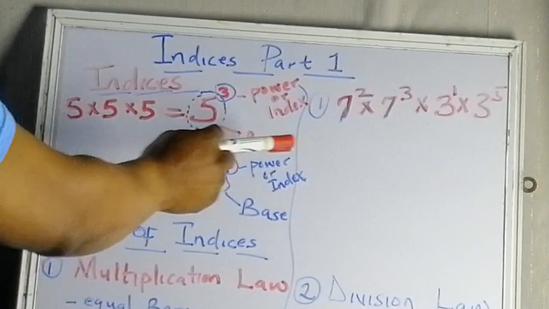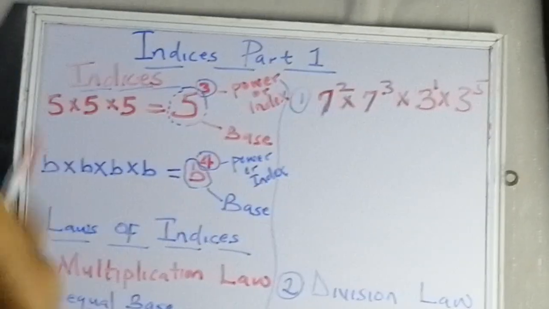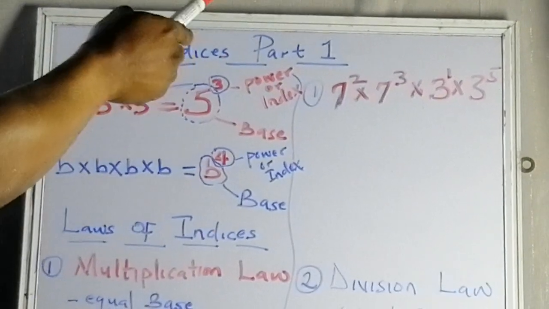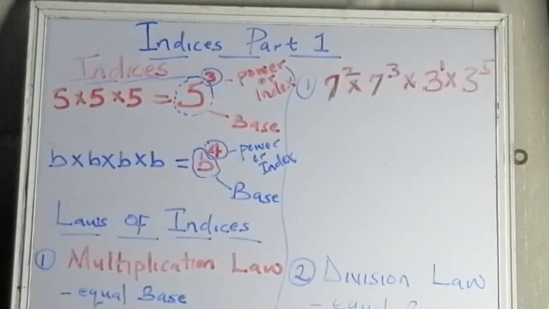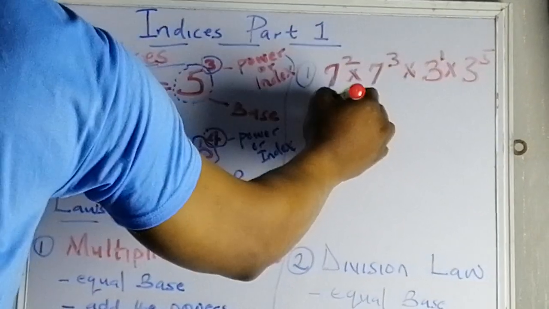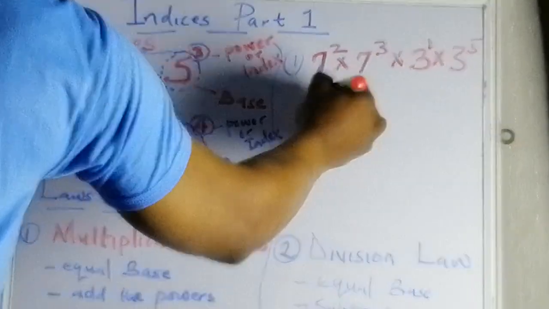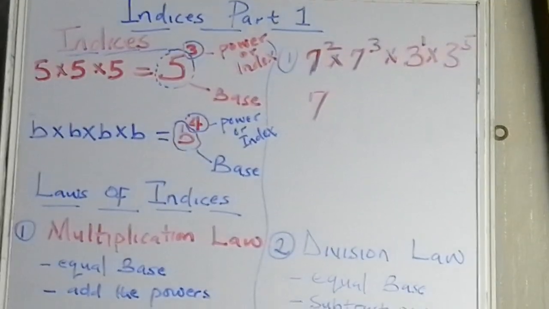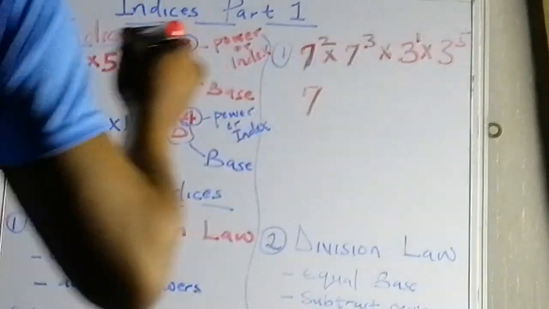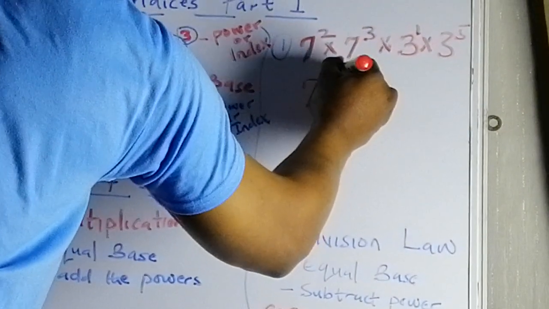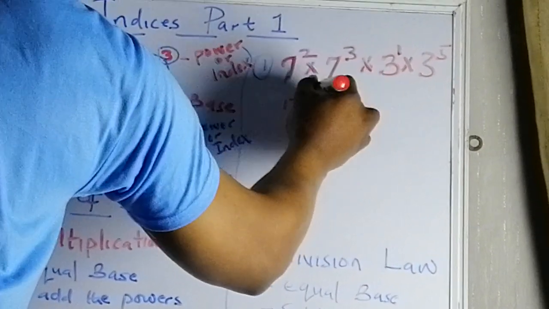I have to rewrite them, which is 7 raised to power 2 times 7 raised to power 3, then you have 3 raised to power 1 times 3 raised to power 5. So the 7, which is the common base, you pick one 7, which is the common base. What do you do? You add the power. So the power is 2 plus 3.